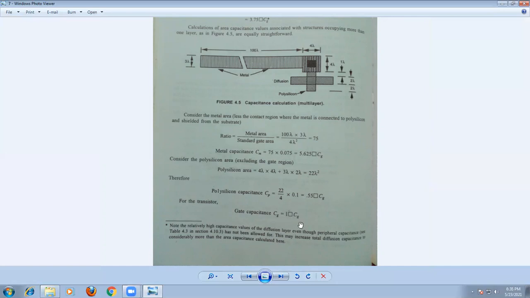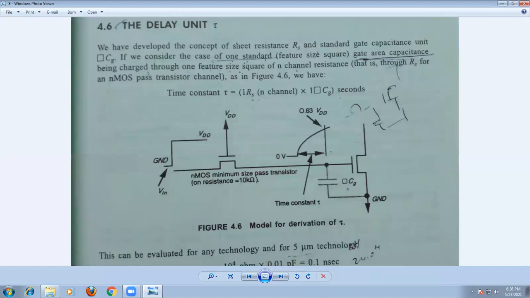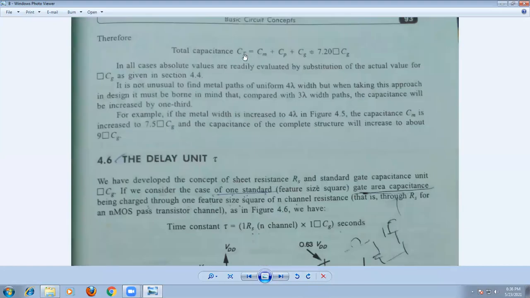Now what is the total capacitance? Cm plus Cp plus Cg. Total capacitance is equal to Cm plus Cp plus Cg, which is approximately 7.2 square CG. Like this, we can calculate the capacitance associated with the structure.